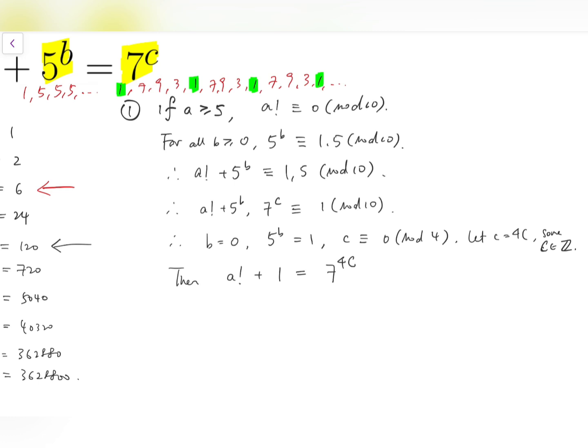And moving on, I have a factorial plus 1 equal to a power of 7, in particular a multiple of 7. That means a factorial has to be congruent to minus 1 mod 7.